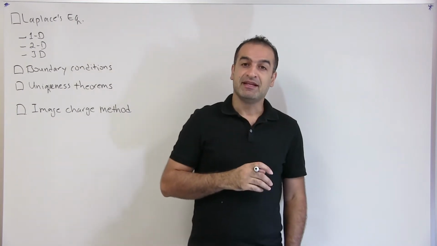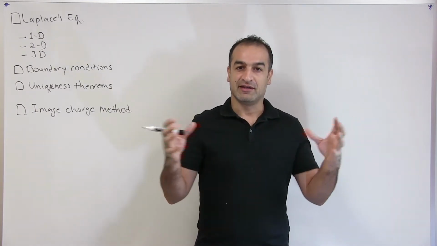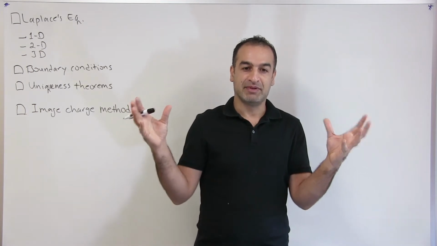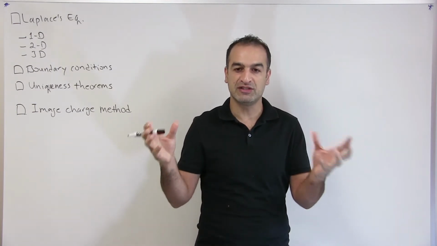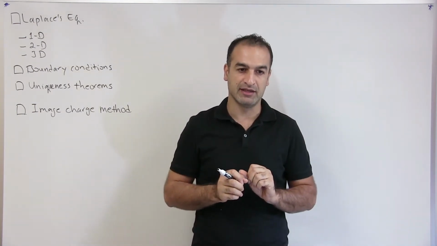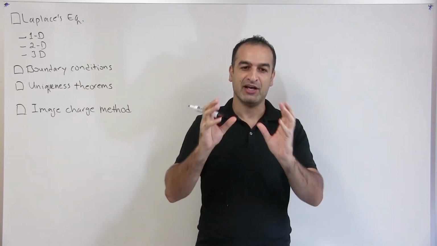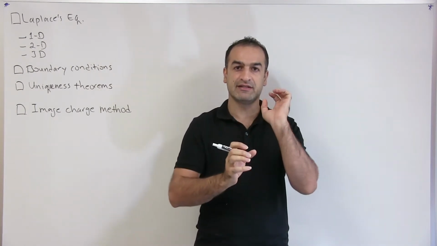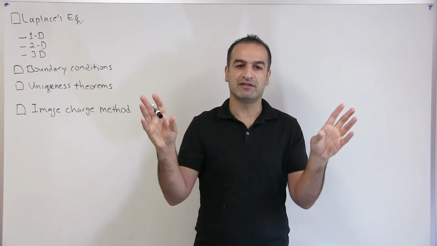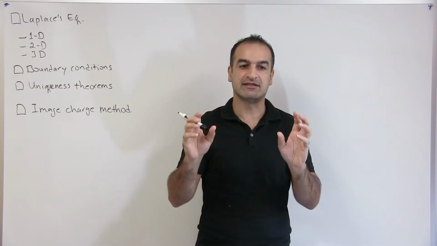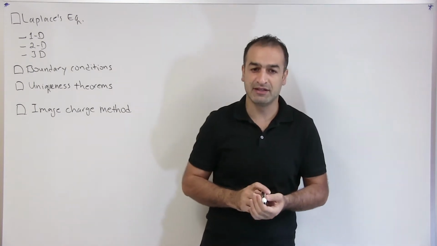That means if you cannot solve the equation in a mathematically tractable path, but you have a shortcut and somehow, by a guess or whatever, come up with a solution that satisfies Laplace's equation and also satisfies the boundary condition, as soon as you come up with such a solution, you already know that this is the answer and this is the only answer. This is very specific about Laplace's equation, and that's very interesting.